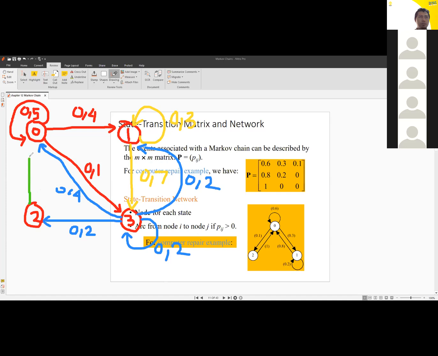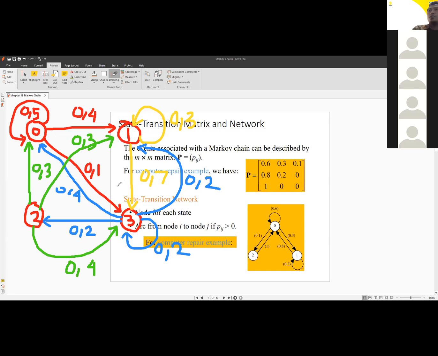And this one 0.3, this one 0.4, and 0.3.